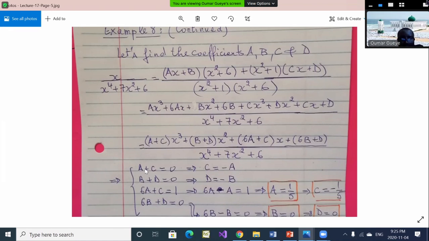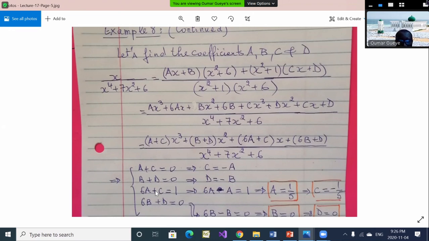Now you have a linear system of 4 equations with 4 unknowns. I'm just going to use the basic and easiest method, which is substitution, that you have all seen in algebra. I'm going to express c in terms of a from the first equation, so you get c equal to negative a, and from the second equation I'm going to express d in terms of b, so d equal to negative b.